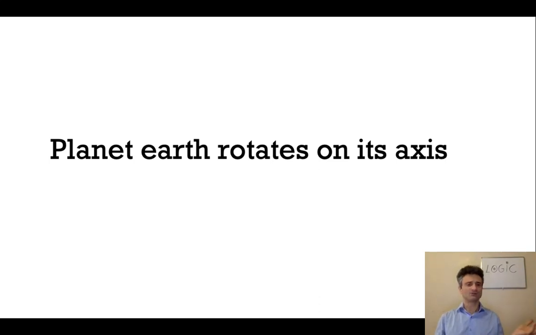You can imagine planet Earth rotating, and at one point it stops rotating. Well, obviously, it's not a desirable situation. No one desires that, but it's a logical possibility. So it's a synthetic statement.